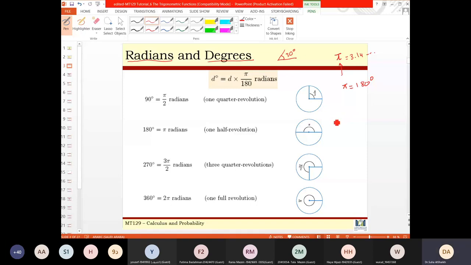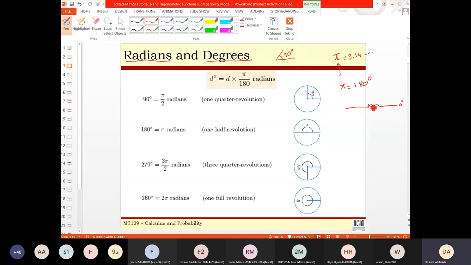Pi is 180 degrees whenever I'm talking about angles. If this is 0 degrees going to a straight line here, this is the 180 degrees. So this is the pi I'm talking about.